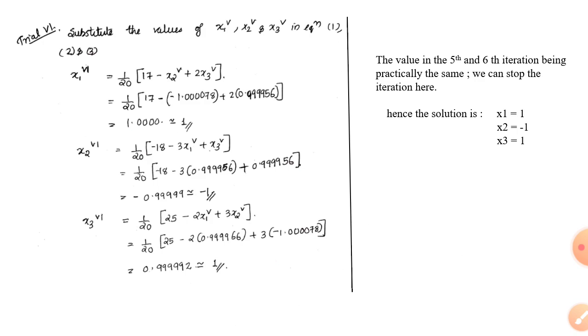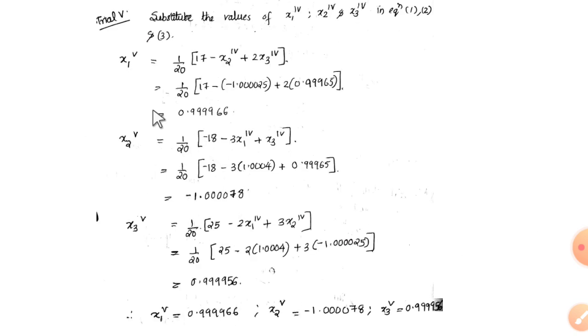So you have to repeat these trials until the nearby iteration values become practically the same. In trial 5 you get the values 0.999966, minus 1.00078 and x3 raised to 5 equal to 0.99956.